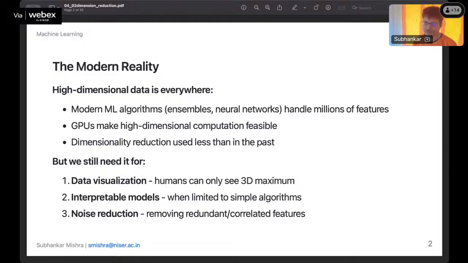So if we want to visualize any data, we have to do dimension reduction, potentially to three dimensions or two, so that we can visualize it nicely. The other thing is that with fewer dimensions, interpreting is very easy. If we have 1,000 dimensions and we ask a question on them, your answer will depend on, let's say, 900 dimensions out of them.